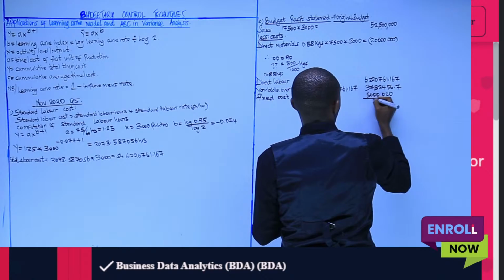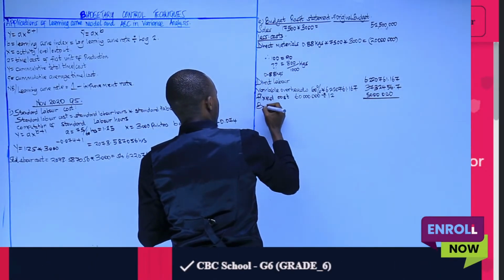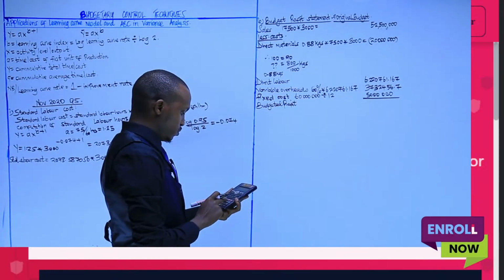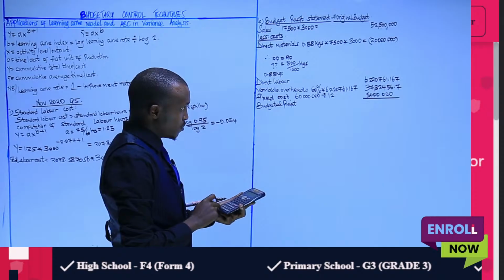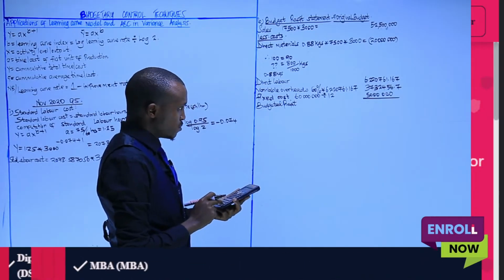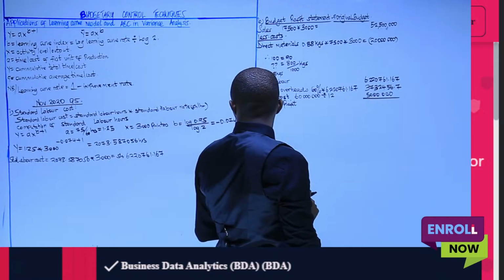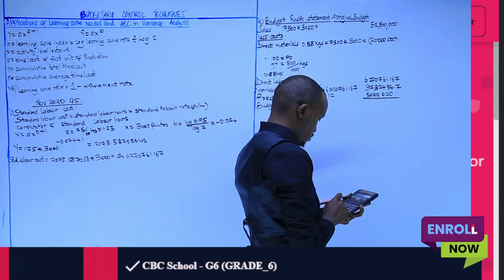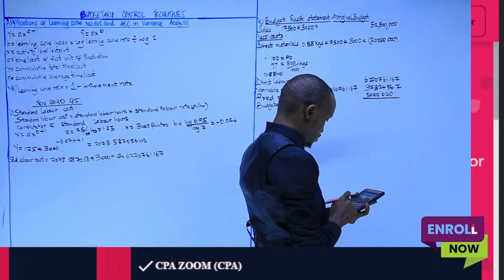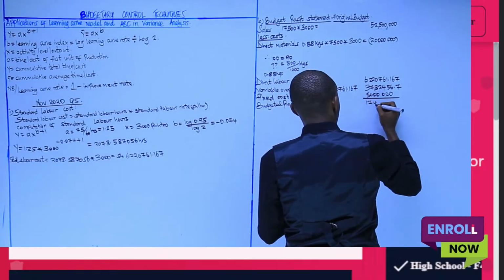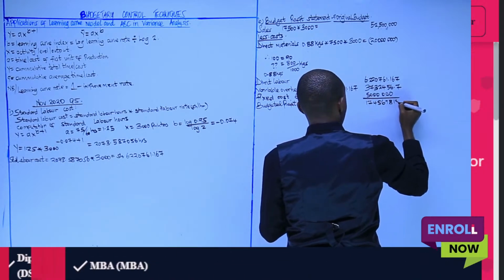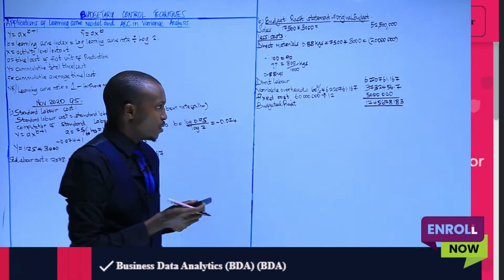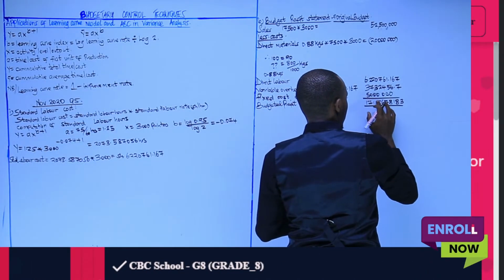This is 37, 324, 56.7. And lastly, your fixed overhead cost is 5 million. So your budgeted profits. This is 556.